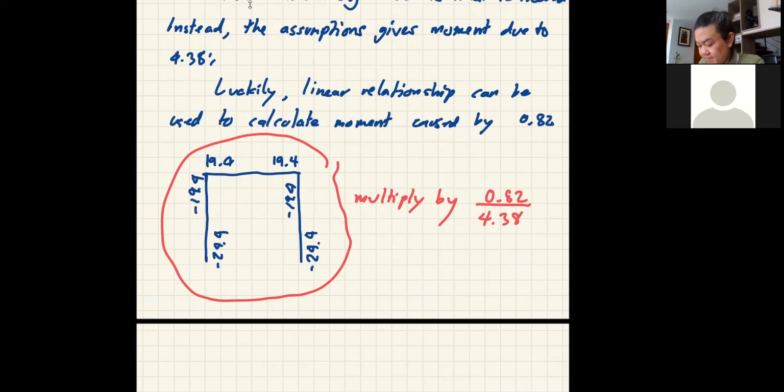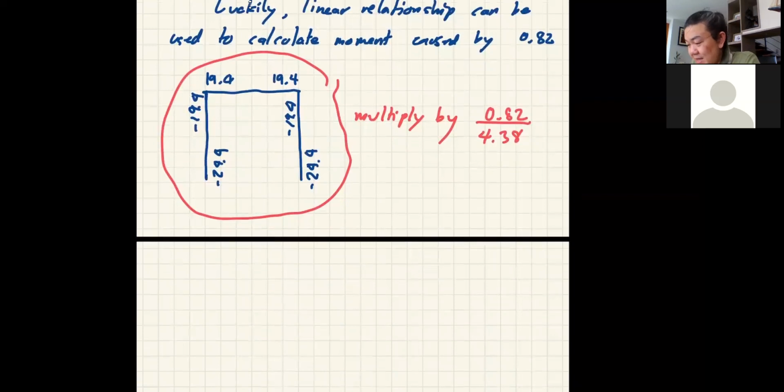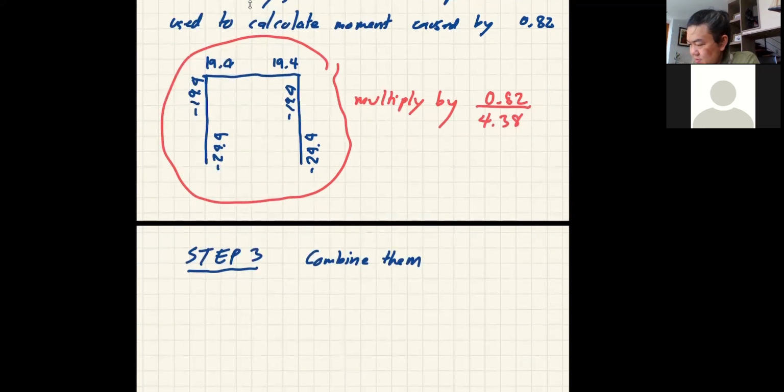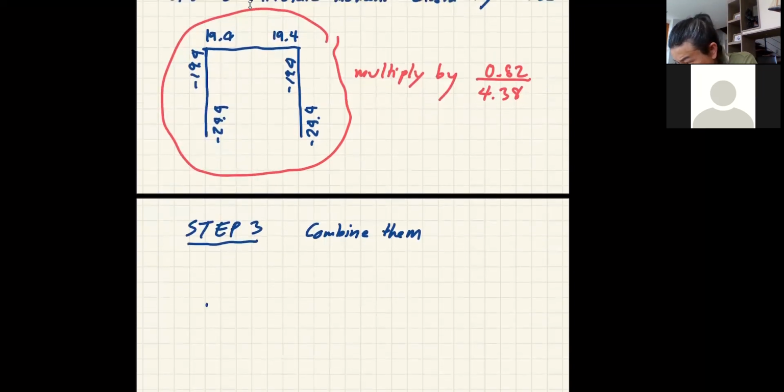And let me finish this before the break. So that's step number 3. Combine them. Now we're going to have the moment due to 0.82.